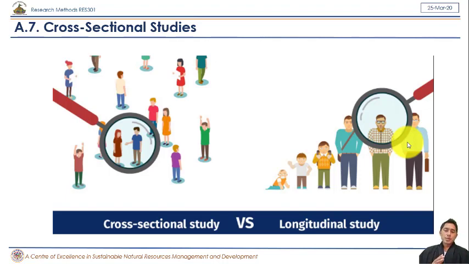So for example, if you want to trace back a disease in a person, whether that disease has been carried in that person from his infant stage, then we go back to the infant health records, and we try to see whether that person was having the disease at the infant stage or not, and we look back at his or her adolescent stages, teenage stages, and adulthood, and we try to compare whether that disease was there from the infant stage or not.